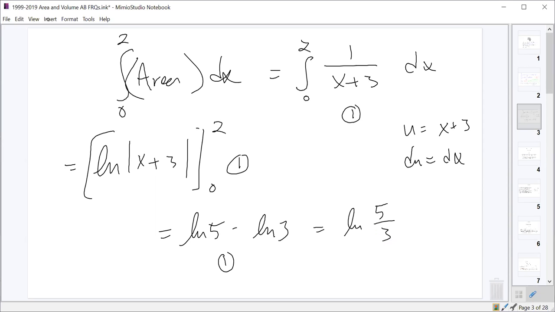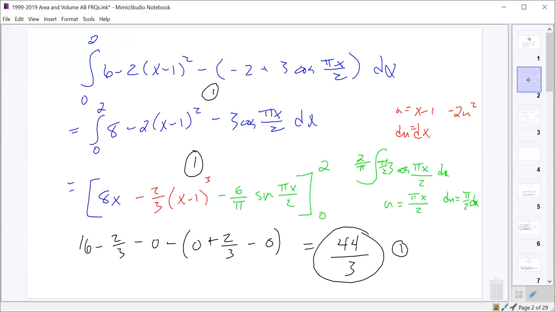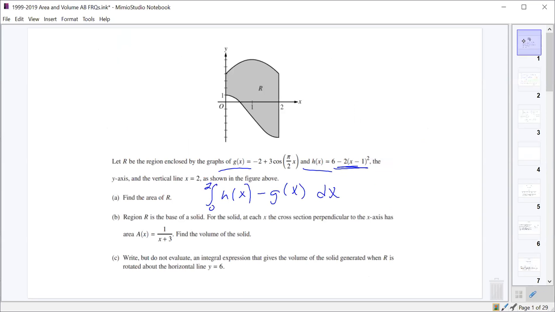All right. And then the last part, part C, said something about revolving it around y equals 6. We're going to have an outer radius and an inner radius, right? This is going to be washers. So what's your outer radius? Not quite.